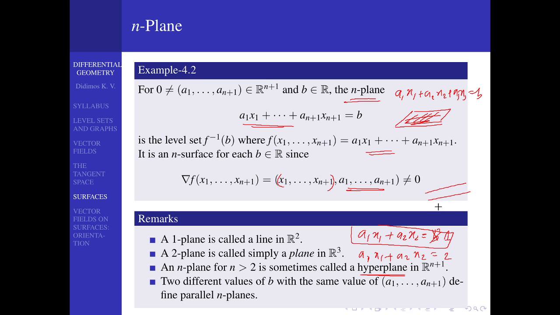Okay, so these are called parallel n-planes. In general, for different values of b, you can get this type of planes. These planes are parallel planes. So for the same values of this vector and different values of b, we can get the n-planes.